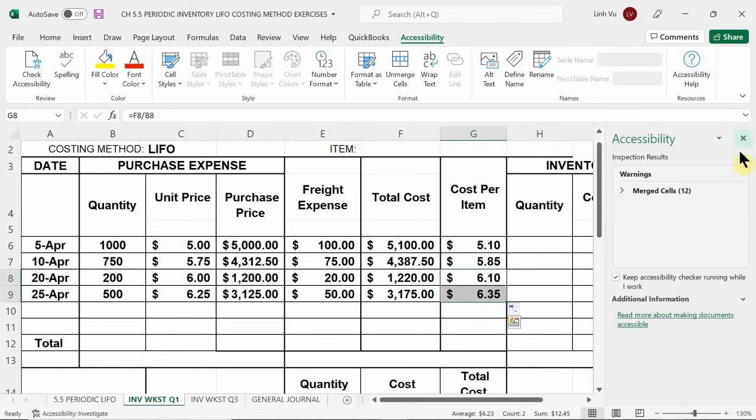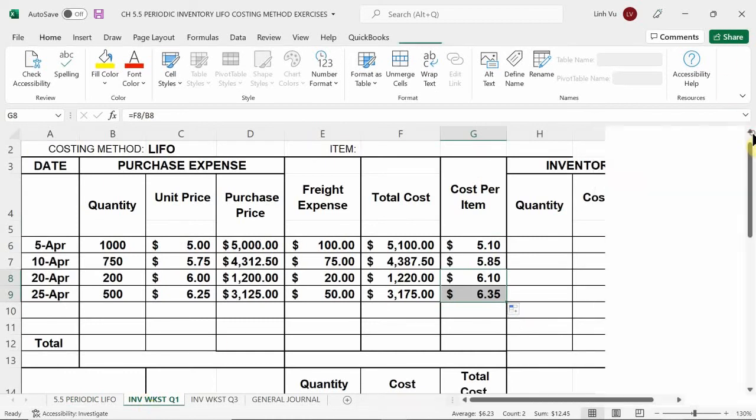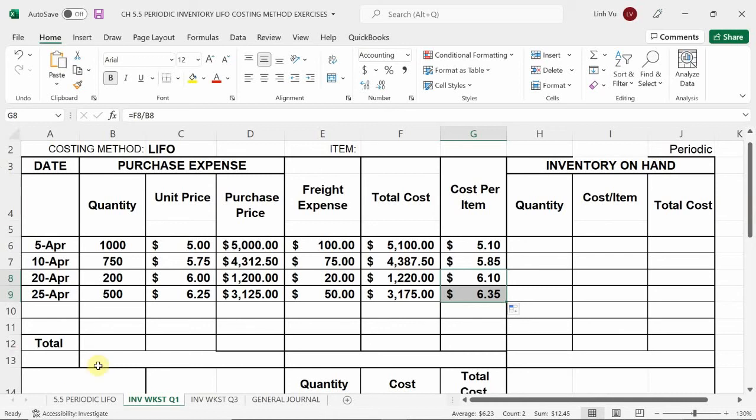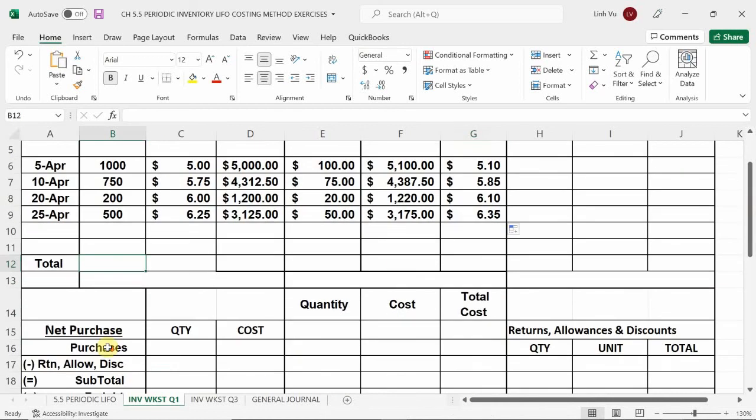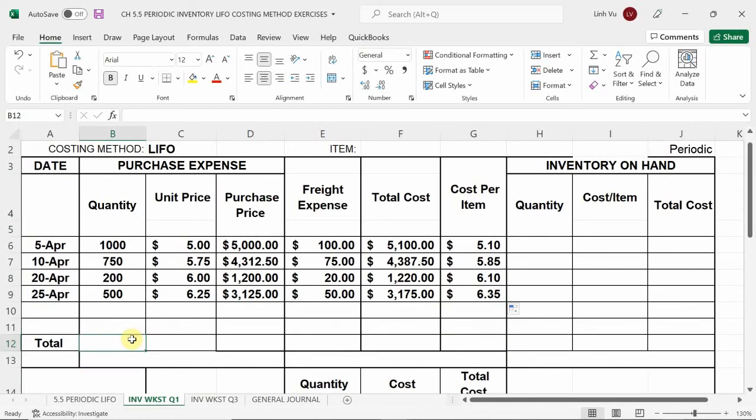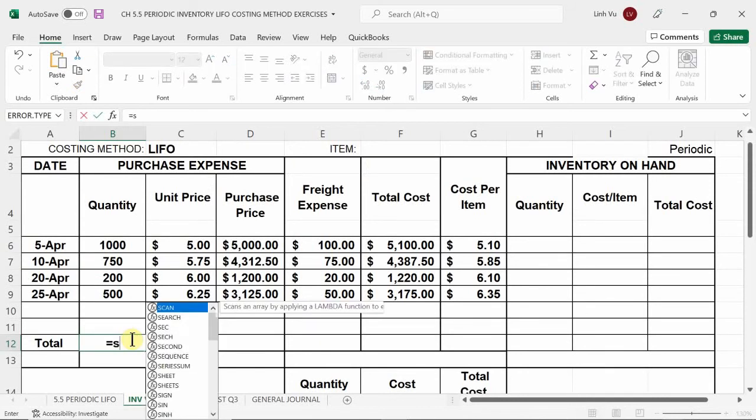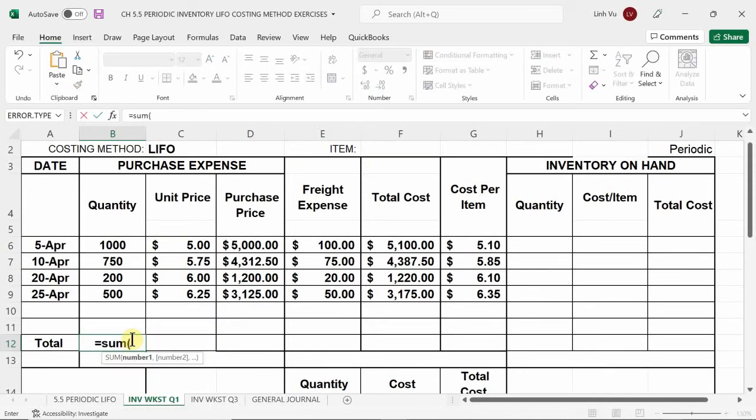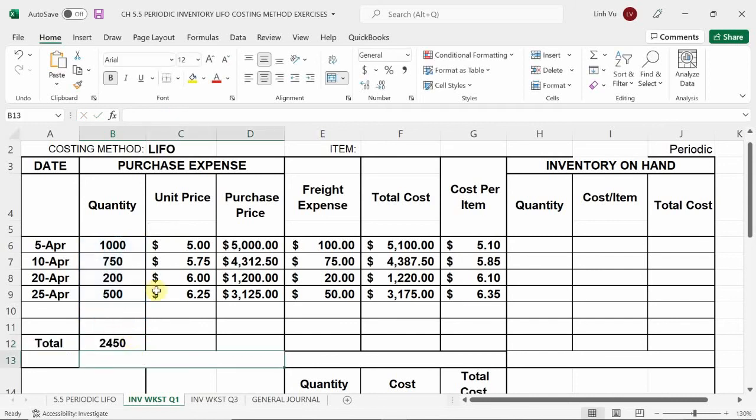So now I need to solve for my total costs here, or my totals here. Tally up my totals. So in this case, what is my total amount of items that I purchased? What's my total quantity? 2,450.